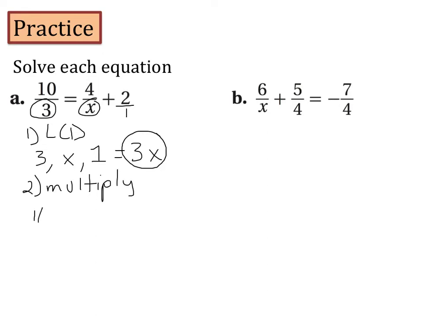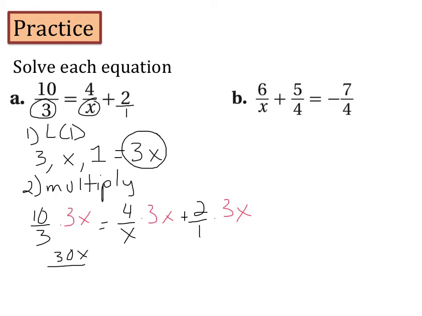So I'm going to have 10 over 3 times 3x equals 4 over x times 3x plus 2 over 1 times 3x. Now let's simplify. So I'm going to have 30x over 3 equals 12x over x plus 6x.